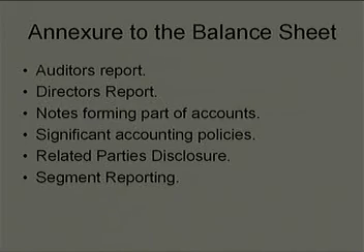Then it will also contain the director's report. For example, whoever is the director, it will have a message from him saying whether this year was good or bad for the business, what are the new things that they have been able to do, what is their plan for the next year, whether any new person has joined on key positions.